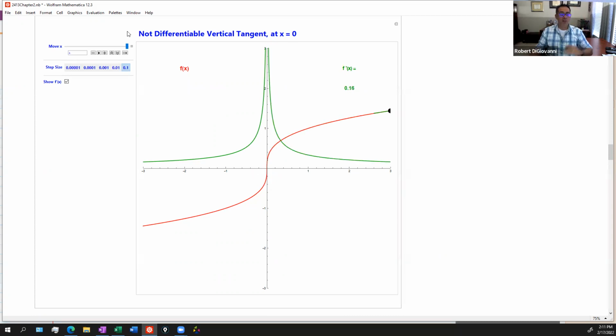So do you see that the green function has a vertical asymptote? So you cannot have a derivative here in this case at 0. F prime of 0 does not exist. The derivative at 0 doesn't exist. So: corners and cusps, jumps, and vertical tangents. Anywhere you have a tangent line that becomes straight up, you're going to have a problem with the derivative.